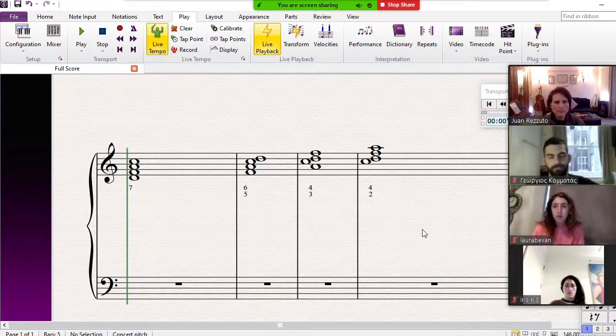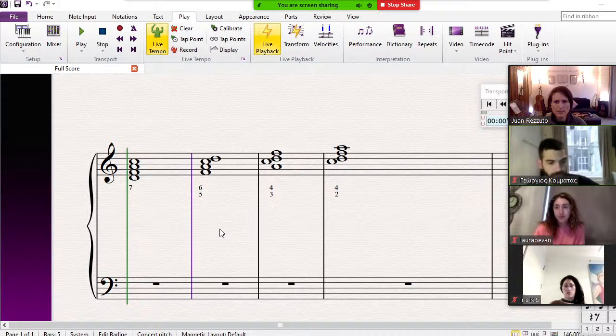Now, this started in the Baroque period, Laura. Yes, long time ago. And before, they would actually tell us every single interval, not just 7 or 6-5, because they might appear to be a little bit random. Why? I mean, the chord has many intervals.